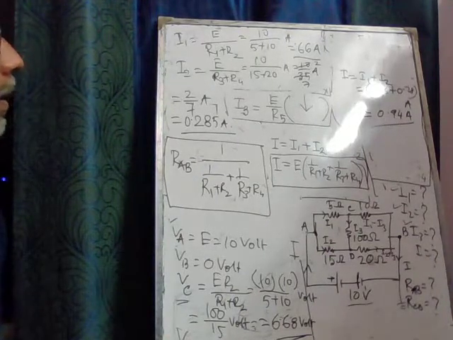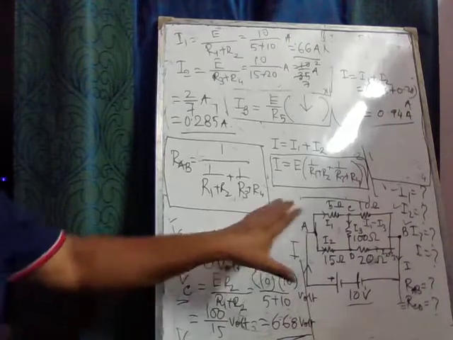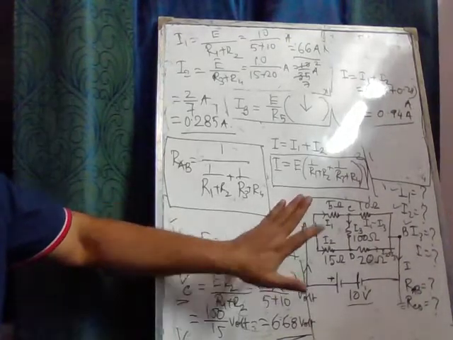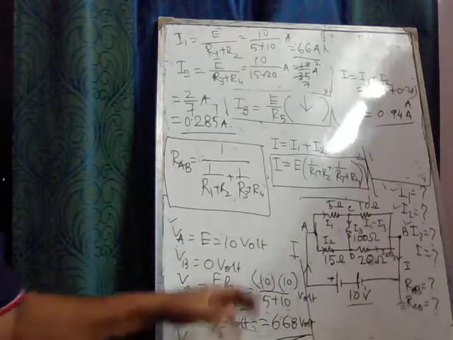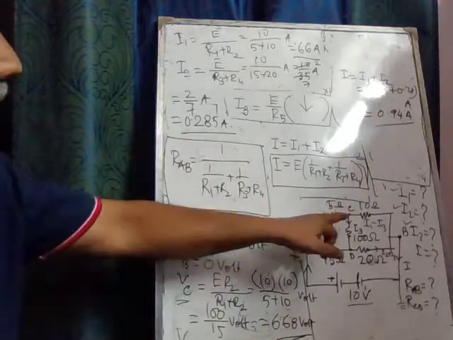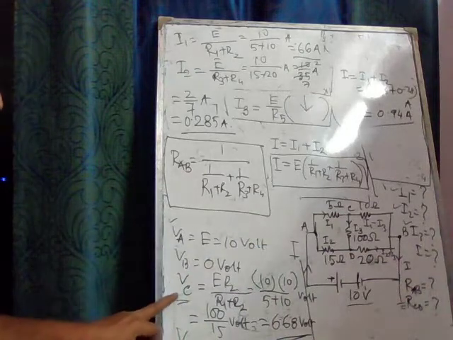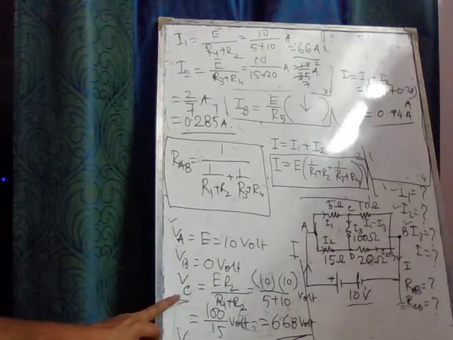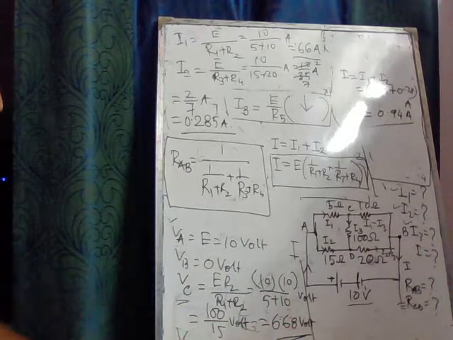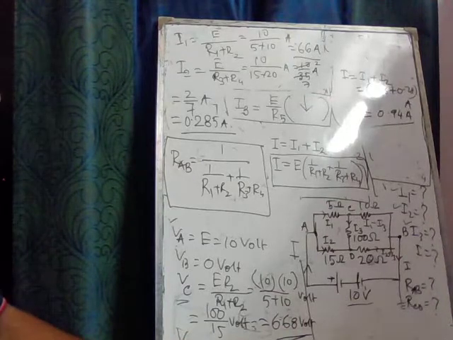Clear? So in this bridge, it is seen that the potential at the point C and the potential at the point D are not the same. VC is 6.68 volt and VD is 5.56 volt.